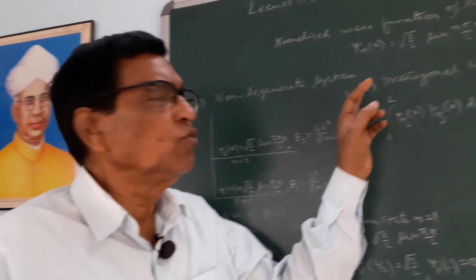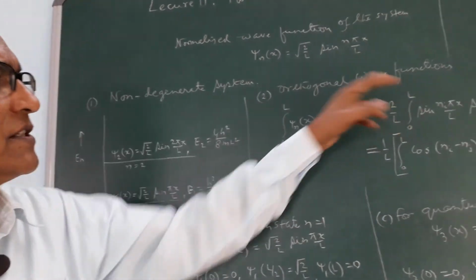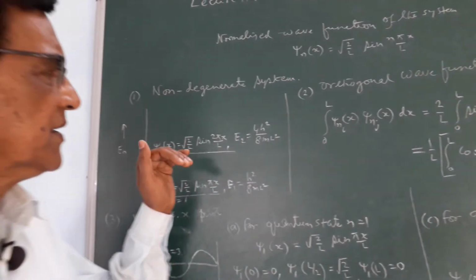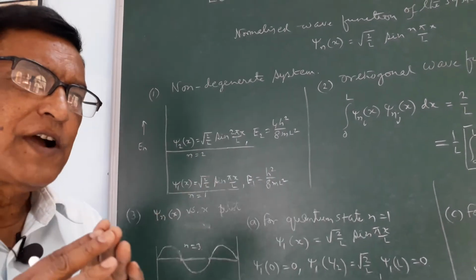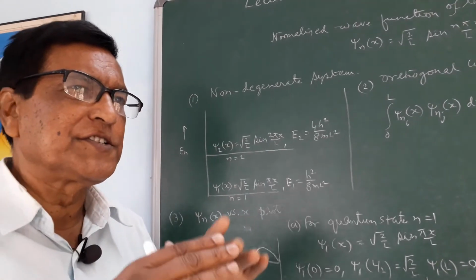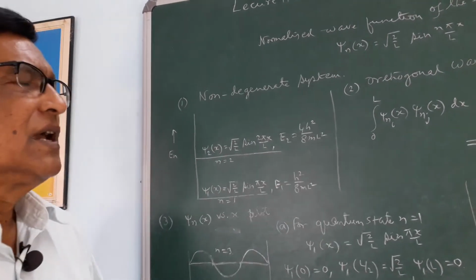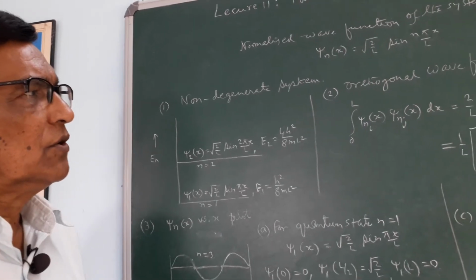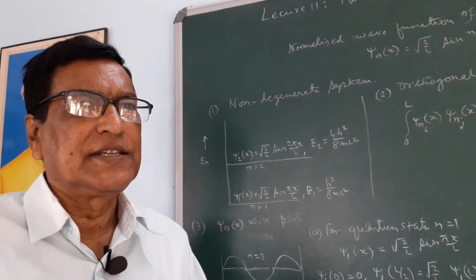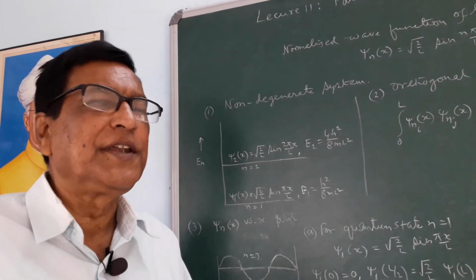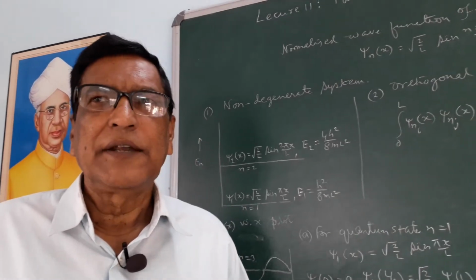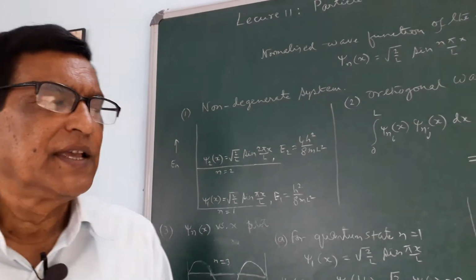And number two, the wave functions are orthogonal to each other. The different wave functions for the different states of this system are orthogonal to each other. It means the states these wave functions represent are independent of each other and also non-interacting.